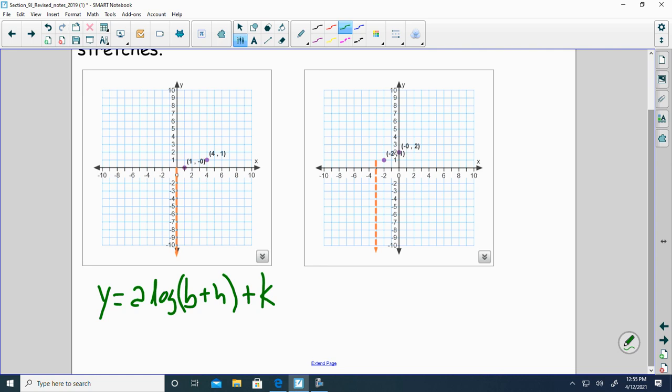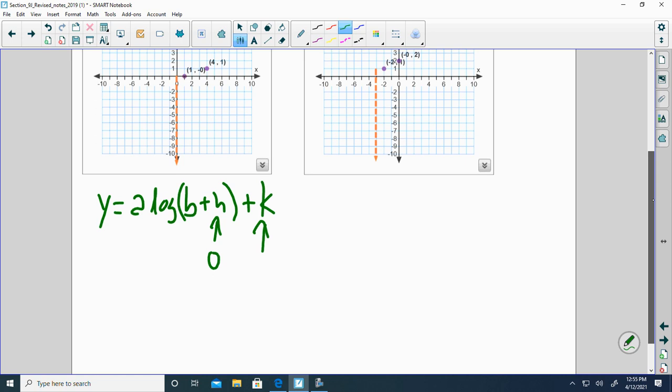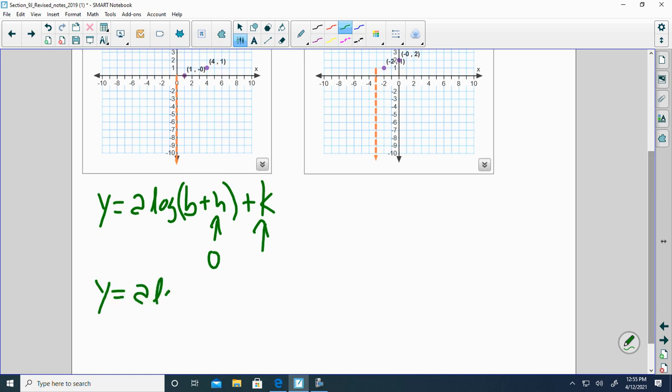All right, so my h value is my asymptote. What's my asymptote there? 0. So that's going to be 0. Being that my first point is resting right on the x-axis, I can also say this is going to be 0. So I'm going to change that to this. And then let's start finding some a and b values.